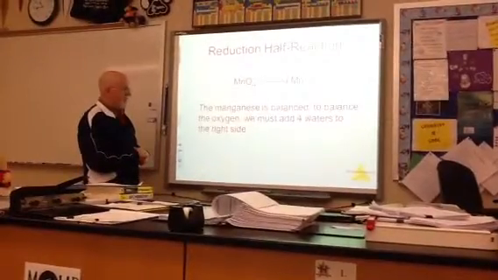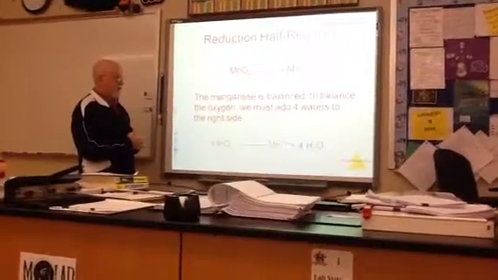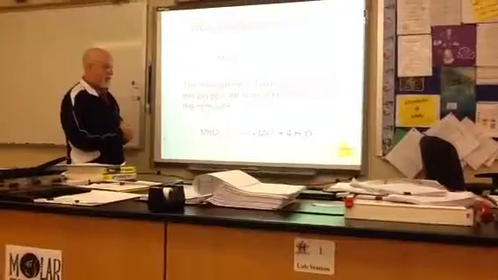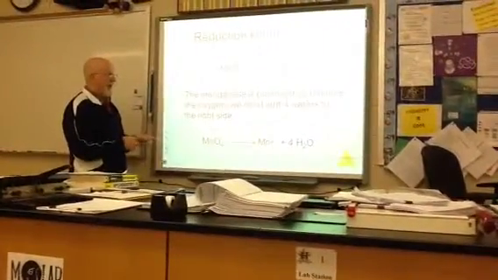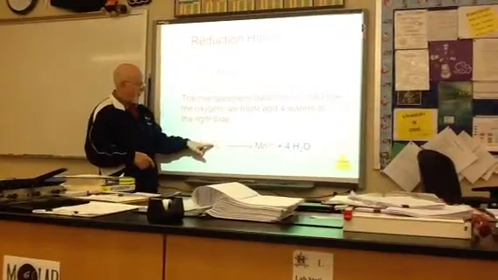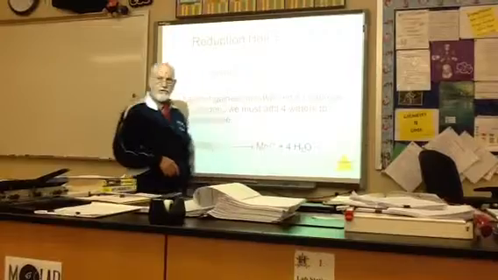We go to the second half reaction. We have to balance the metals first. Well, we have 1 magnesium on each side. Now we have to balance the oxygens, and you do that by adding water to the opposite side. So over here, I've got 4 oxygens. I have to put 4 waters to balance that off.